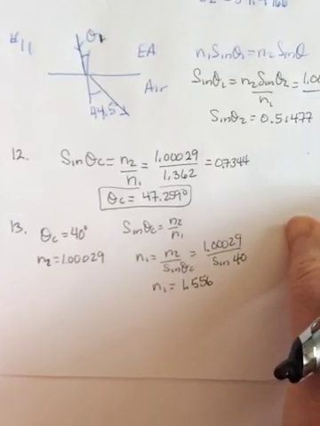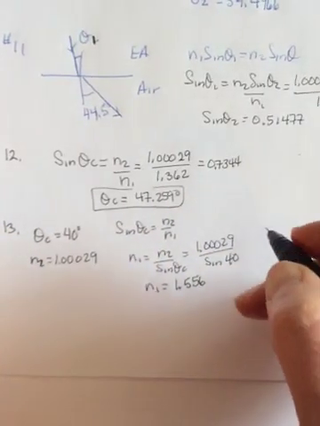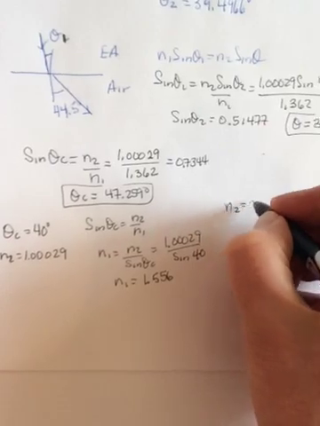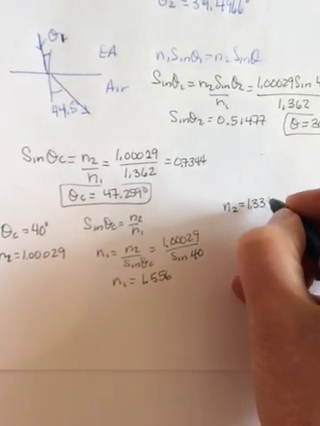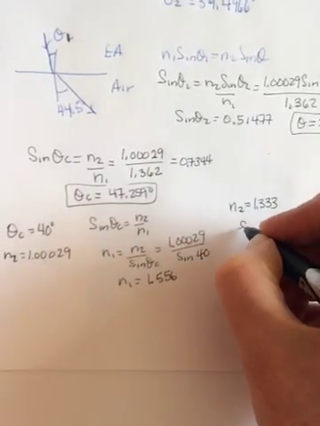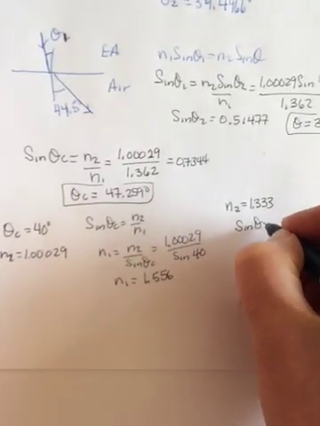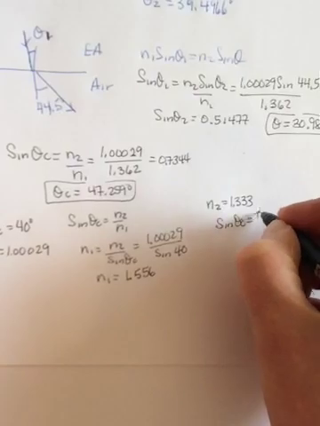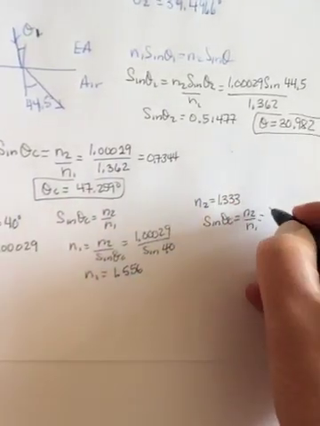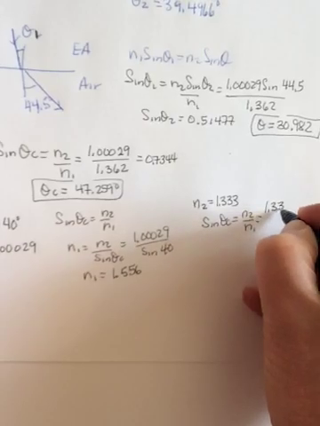The question asks, what's the critical angle for this plastic if it's immersed in water? So now they're saying you're putting it in water. So the new N2 is 1.333, and it wants the new theta c. So we know sine theta c is equal to N2 over N1, and this time my N2 isn't air, it's water, because they've told me.